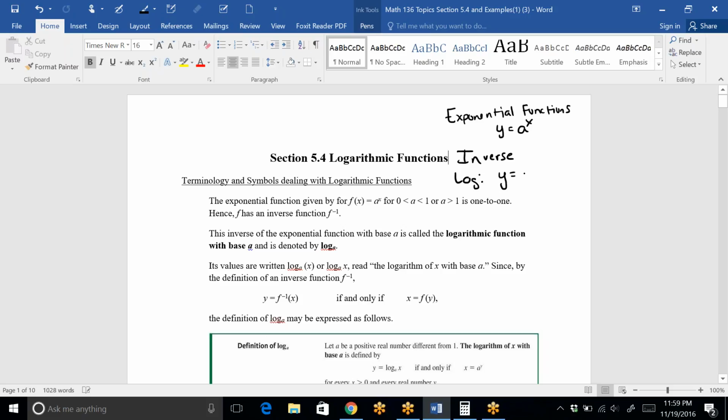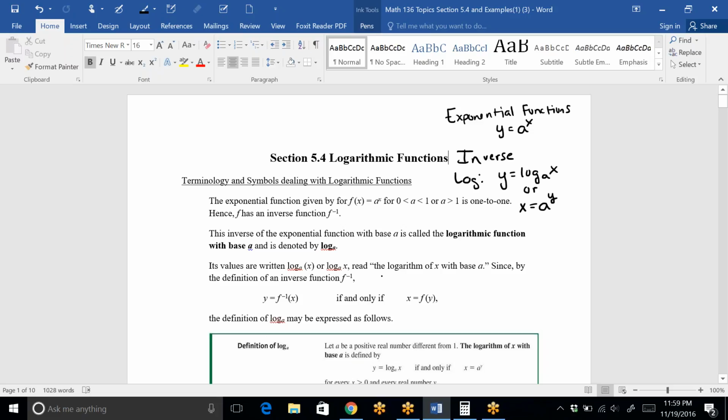It is written as y equals log base a of x, which in exponential form would be x equals a to the y. The reason we like the log format is because this has it solved for y, whereas this is in a different format where y is not the solved part.